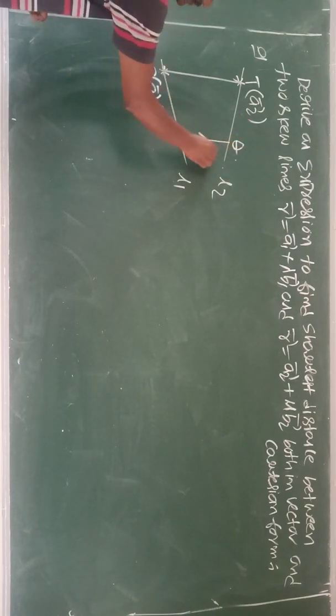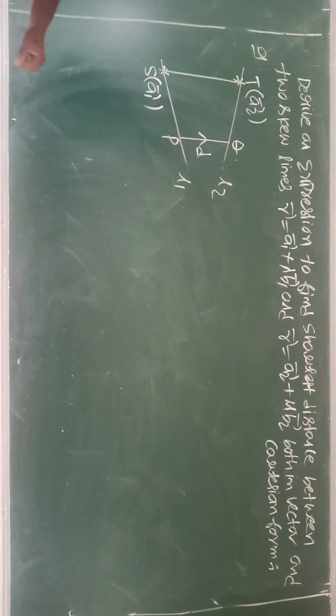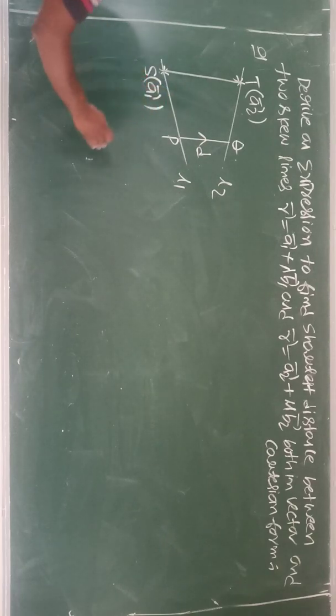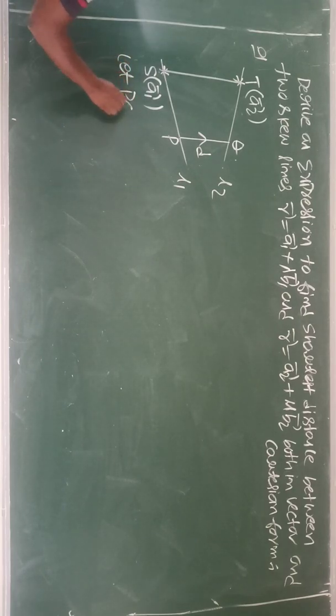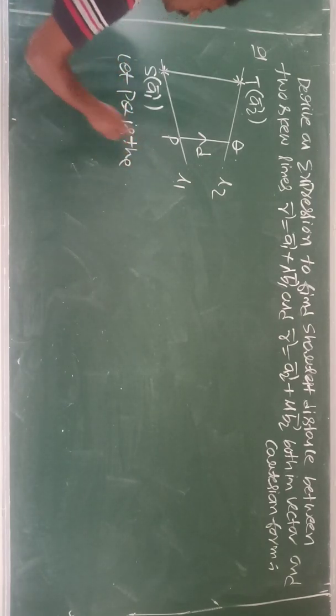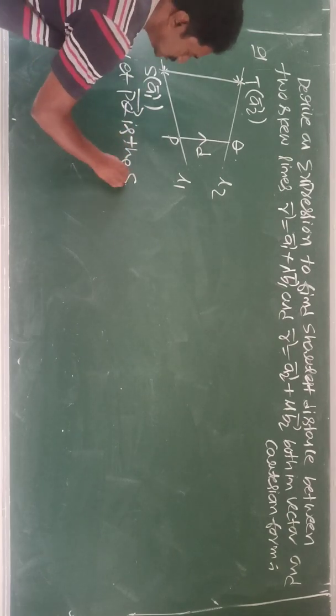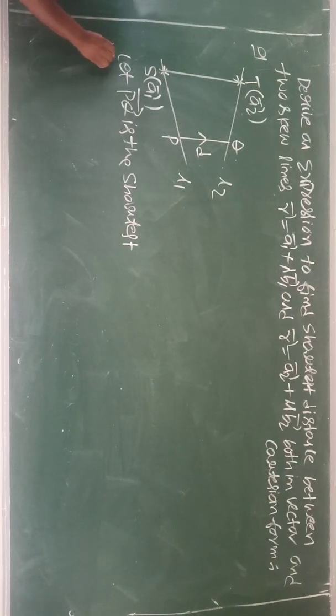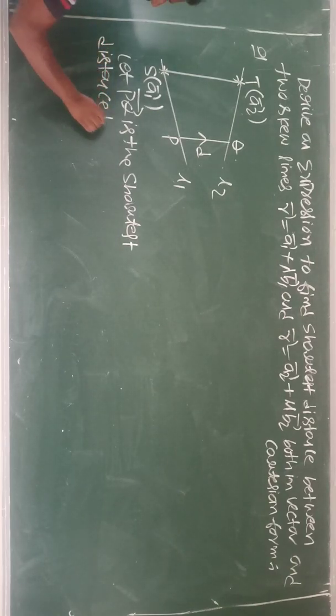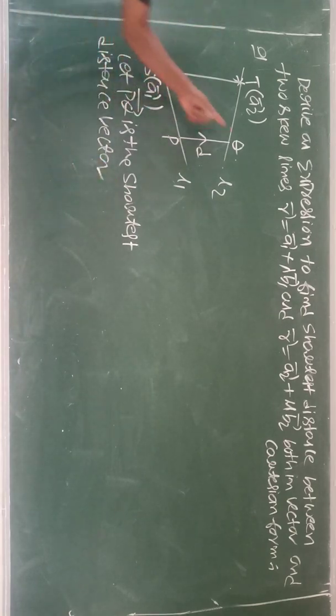Its length PQ is D. Let us assume the shortest distance between the lines as D. So now, vector PQ is the shortest distance vector.